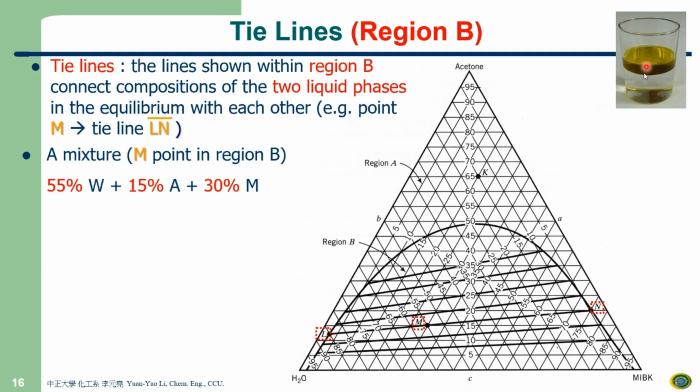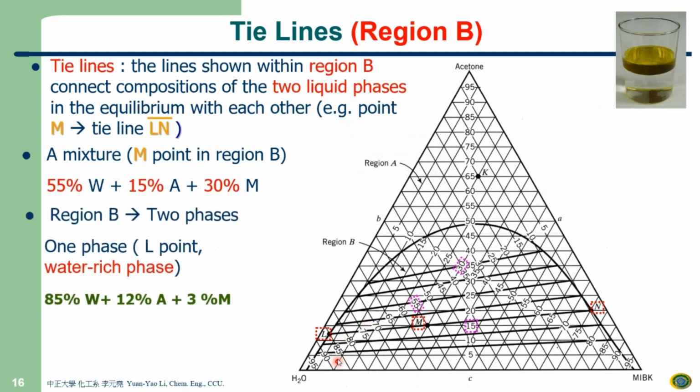So how about the weight percent in the MIBK phase and in the water phase? We need to go to the tie line here. Tie line here, L. What is L here? L point here, so the water will be 85.